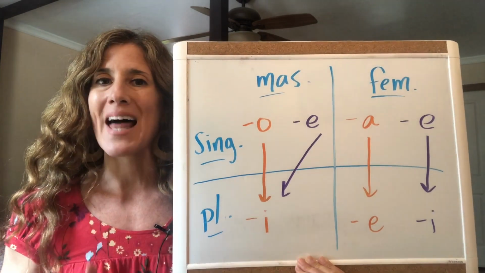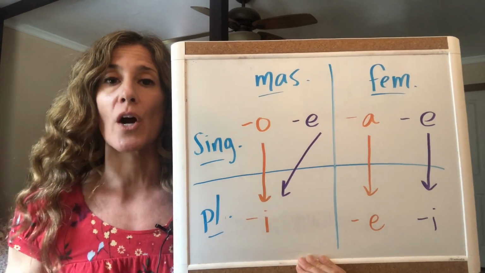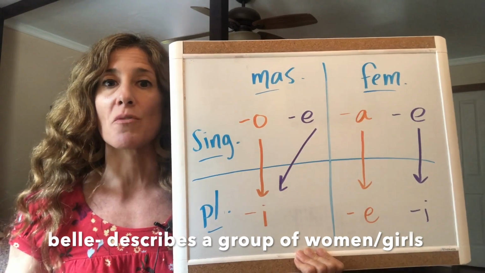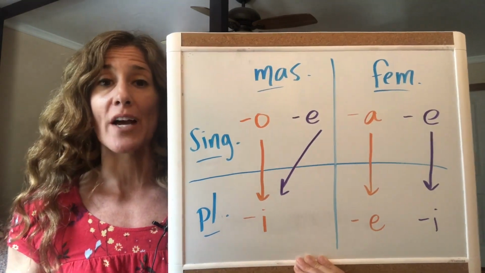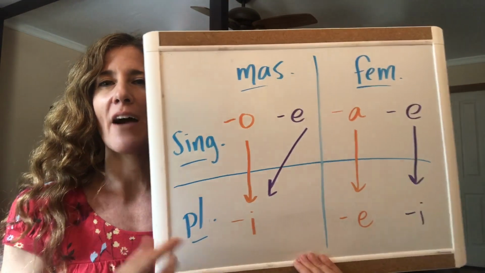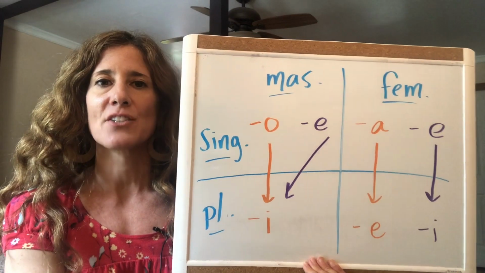If we say bella, that's going to describe one woman or a girl. And then if we say belle, that's going to describe a group of all women or all girls. Okay, those 4 choices.